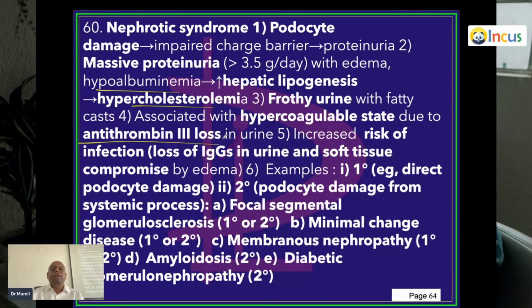Now, what are the examples of nephrotic syndrome? Minimal change disease is the most common cause of nephrotic syndrome in children. Membranous nephropathy is the most common cause of nephrotic syndrome in adults. And focal segmental glomerulosclerosis, we have seen just before. That also leads to nephrotic syndrome.